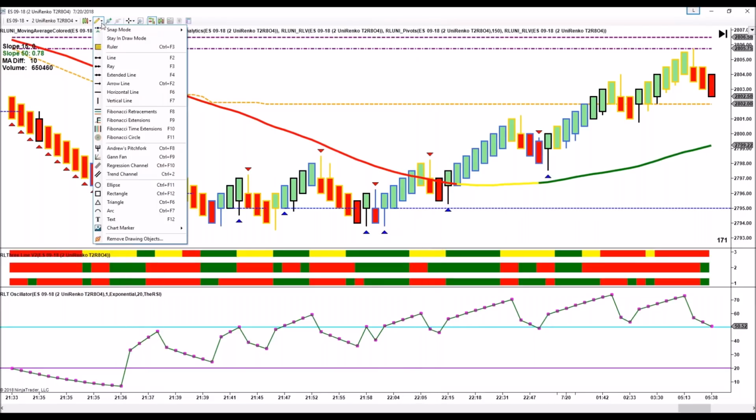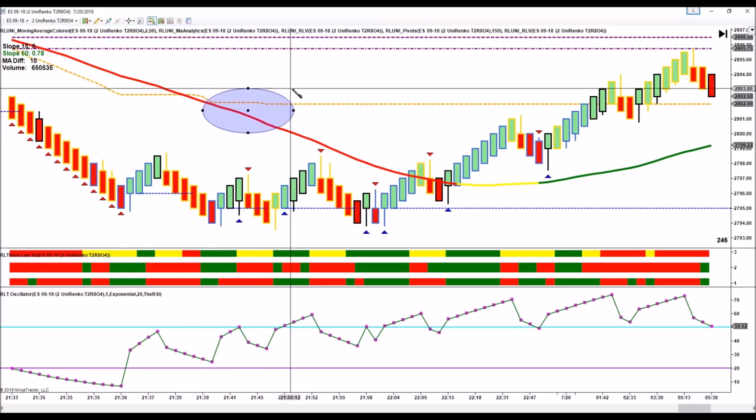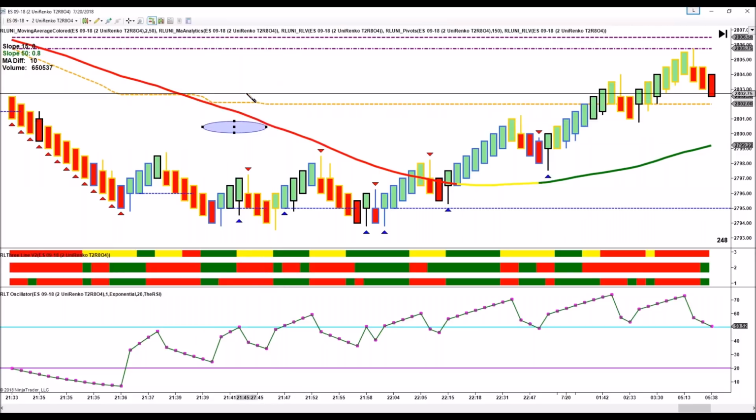But the market does not move like this. I don't think I can draw it here. Hold on a second here. I can draw it this way. I can't.